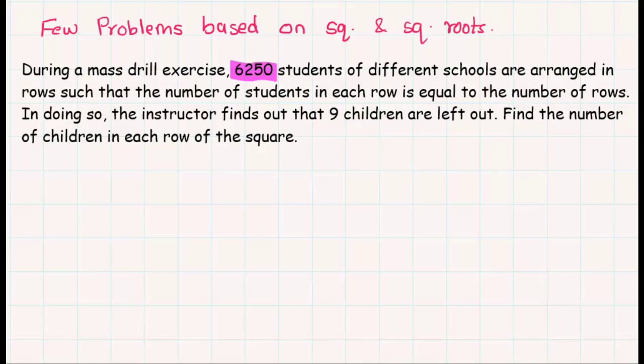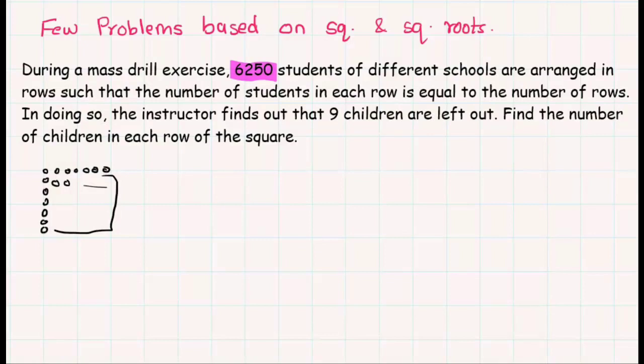You remember the triangular pattern I had told you about? If the number of students in each row is maybe 3, 4, 7, then the number of students in each row is equal to the number of rows, and there are 7 such rows. 1, 2, 3, 4. And it will form a square pattern.